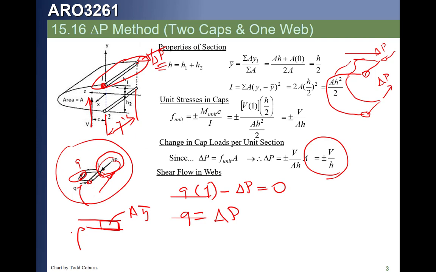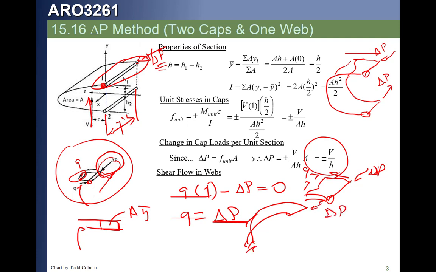So what that means is that now we know what the shear flow in this web is. Here we saw that since this is delta P, this is Q, and this is Q, and this is Q. If we had drawn more of it, we would have got the same thing, right? If this is delta P, this is going to be Q, and so on, acting on this face and on that face.